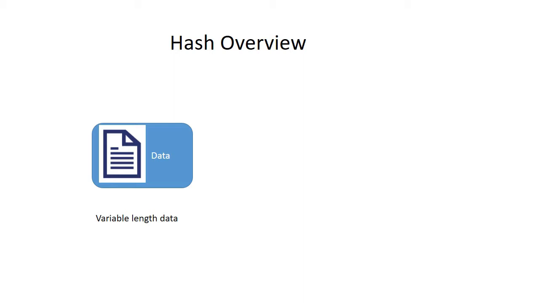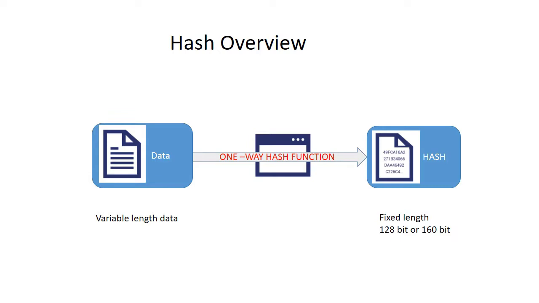So what is a hash? A hash is a fixed length string, and its length may be 128 bits, or 160, or 256 bits, or something longer. This length depends on the algorithm that is used for creation of the hashes. So how does a hash algorithm usually work?